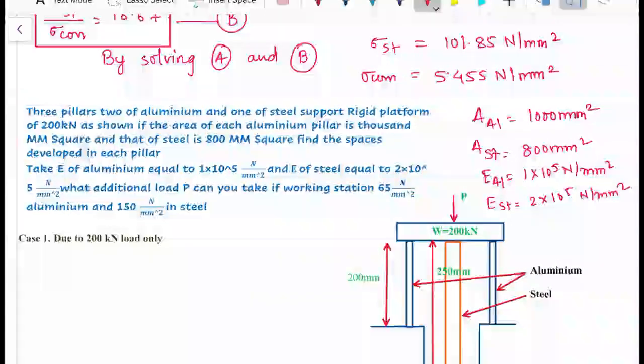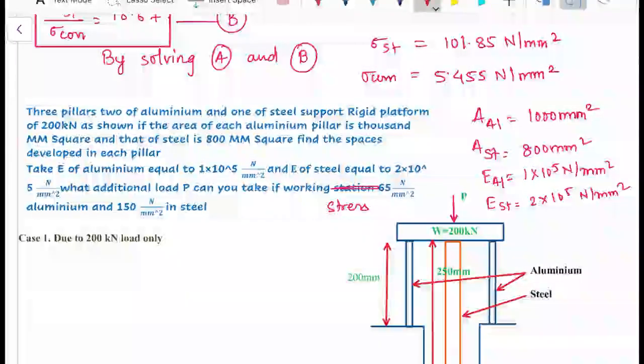So all this data is given to us, and it has been asked what will be the additional load P we can take if the working stress, not strain, is 65 Newton per mm square for aluminium and 150 Newton per mm square for steel. So the maximum stress carrying capacity for aluminium and steel is given to us. Before heading to this problem, we will divide this problem into two cases.